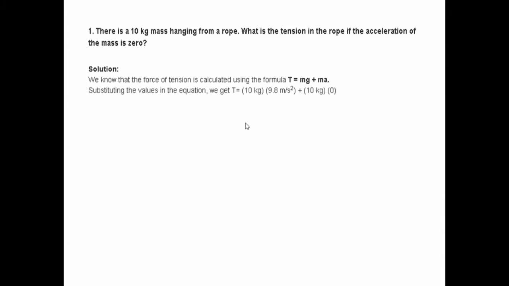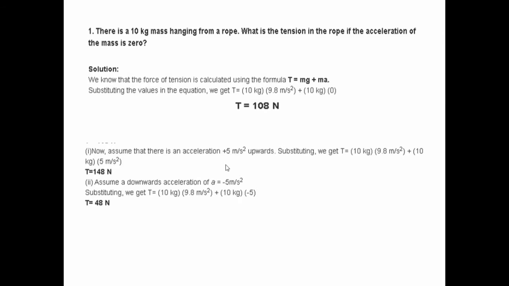Substituting the values in the equation, we get T is equal to 10 kg into 9.8 meter per second square, that is acceleration due to gravity, plus 10 kg, that is mass, into acceleration 0 as mentioned in the given problem. So after calculating, tension T is equal to 108 newtons.